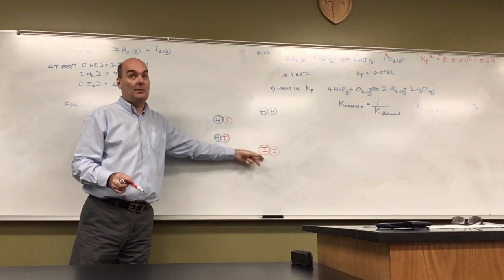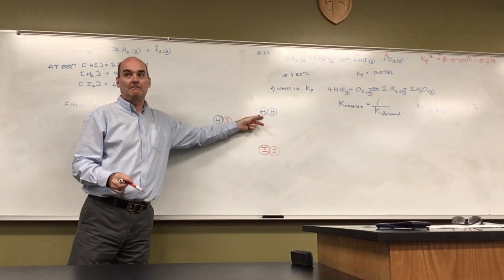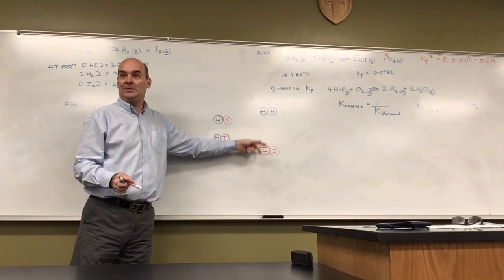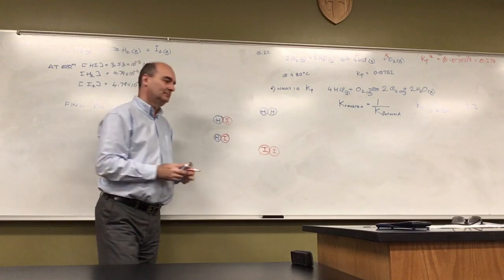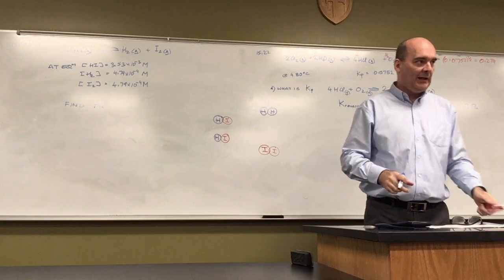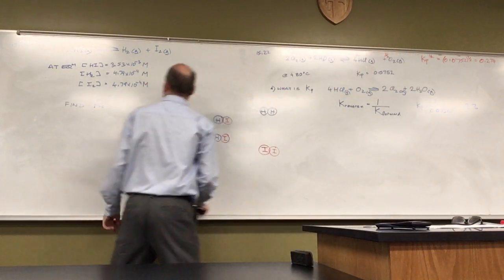At equilibrium, these should be the same number. There's no excuse for them not to be the same number. So it's not just a coincidence. It's not the question writer being lazy. It makes sense.